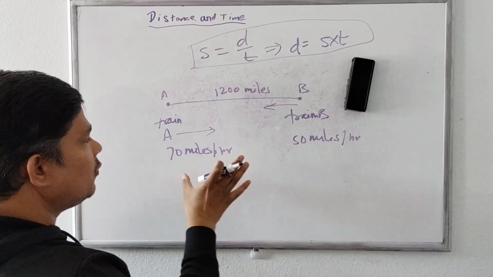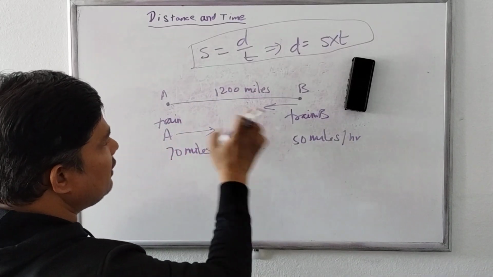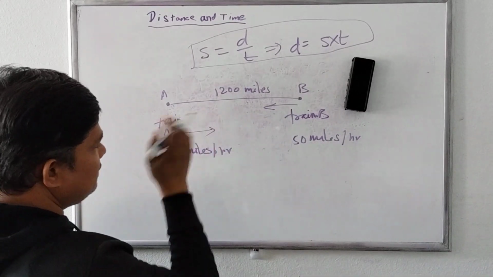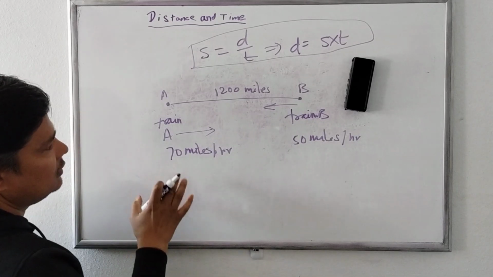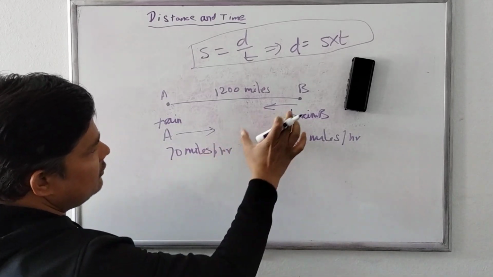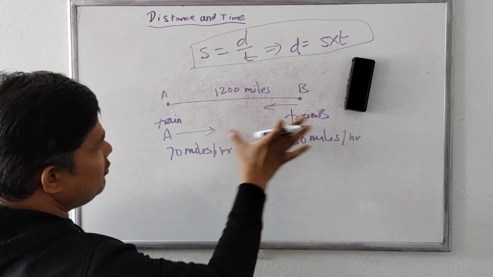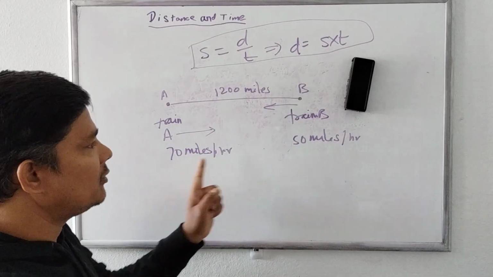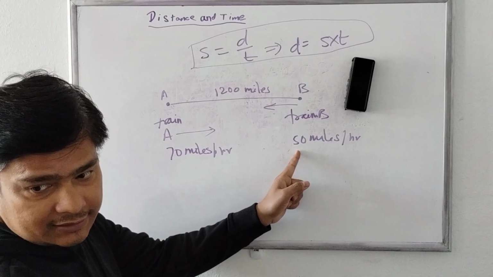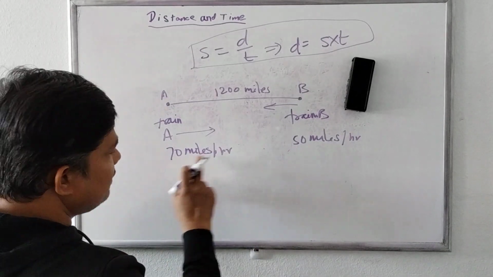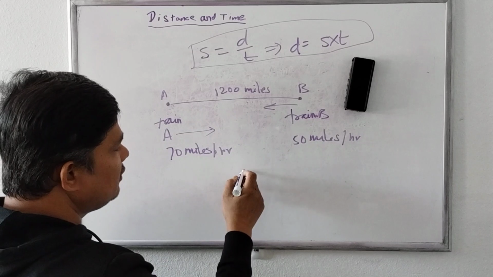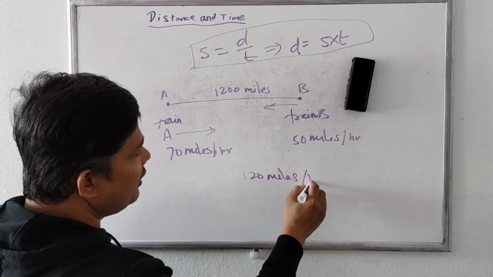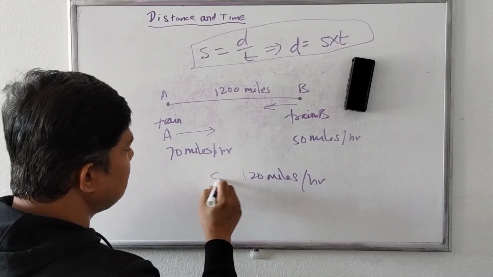So when will these two trains cross each other? Since these two trains are approaching each other, we have to sum the speed of those two trains. So what is the sum? 70 plus 50 will be 120 miles per hour, and this is speed.